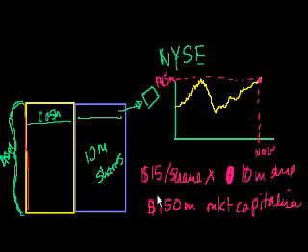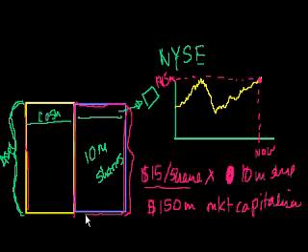And you can look on the key statistics tab on Yahoo Finance, and you'll see market capitalization for a company, and it's just the number of shares times the price of the shares. And this is essentially the market's value of the equity. The market is saying that this piece right here is worth $150 million.